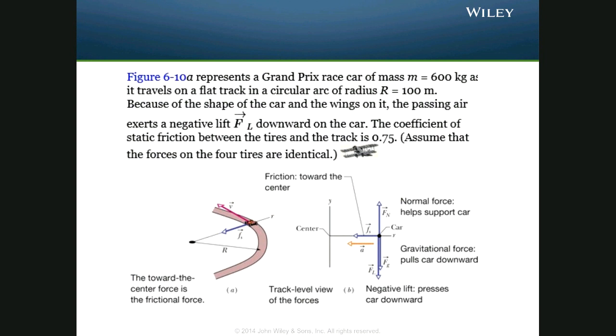Looking at this, we have the sum of the forces in the x direction, right? If I just look at that, that will be equal to minus Fs, and that's just going to equal minus mv squared over r, right?